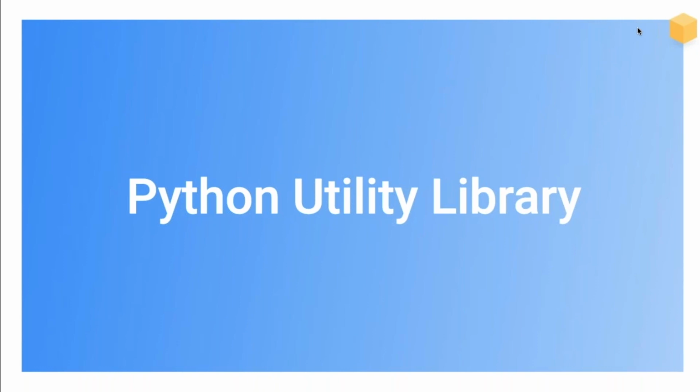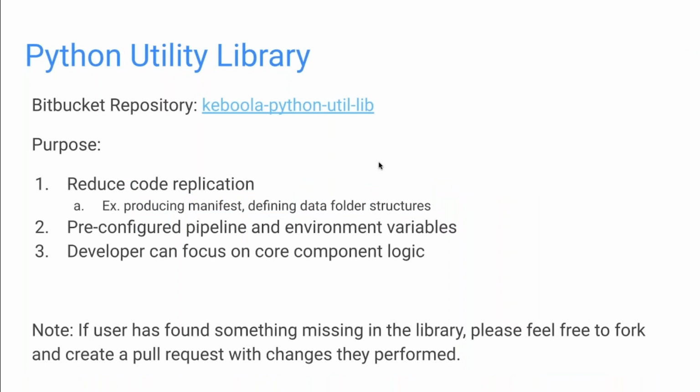While we have a Python template, we also have a Python utility library. It can be found in this link here. The purpose of having a Python utility library is, first, we can reduce code replication, for example producing manifests and defining data folder structures.